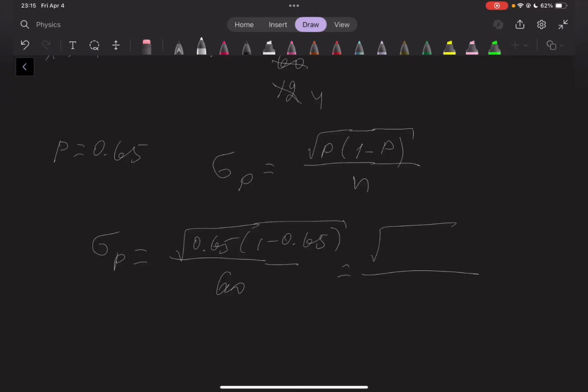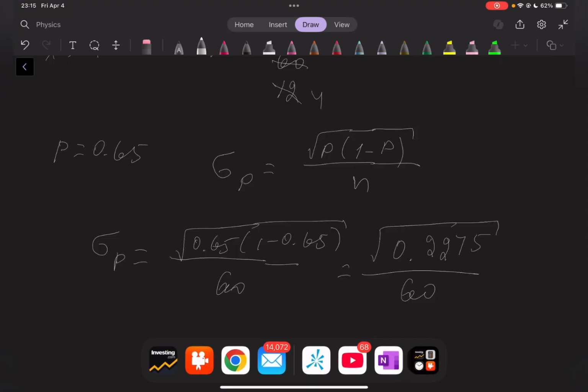So bottom line, you're going to get the square root of 0.2275 divided by 60. I can go backwards since I can't get it. That's crazy. Okay, let me do it this way.